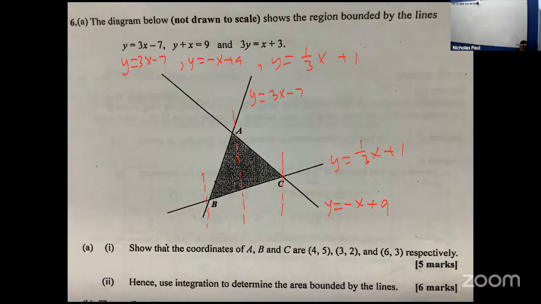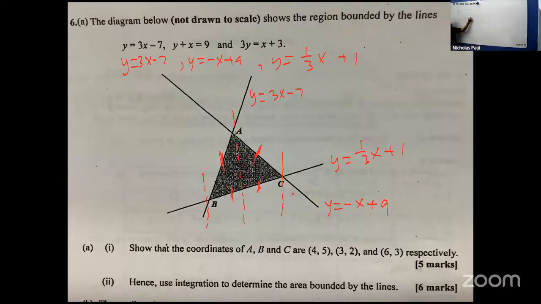Can I integrate this line and this line between A and B? Yeah? And I'll get the area in the middle. Can I integrate AC and BC between A and C? No? In case you lost there, let me do this.